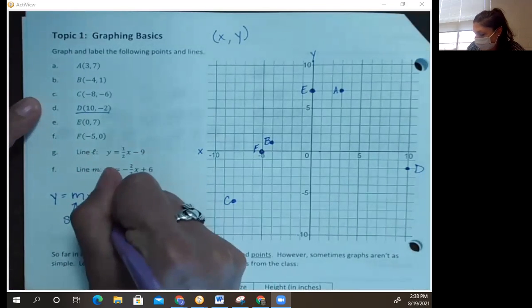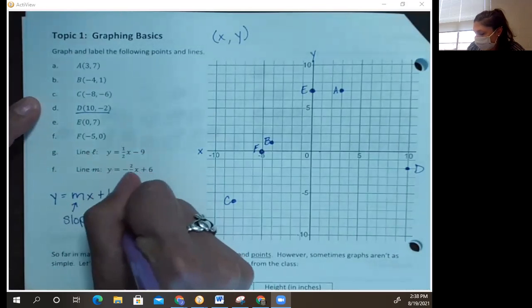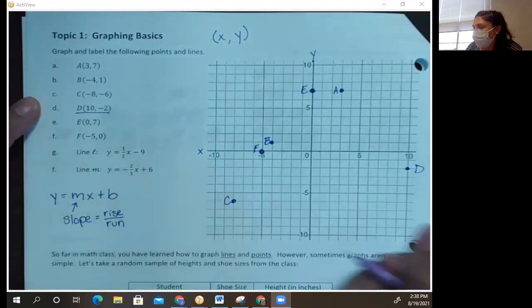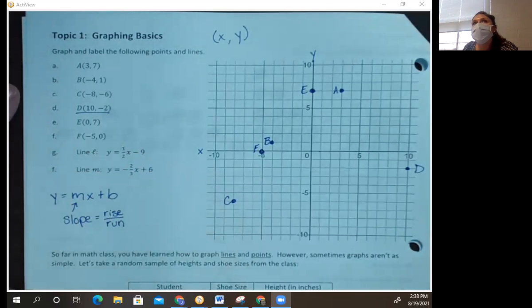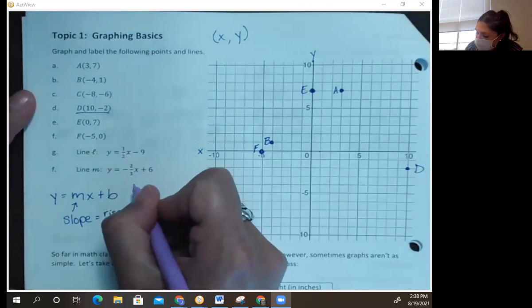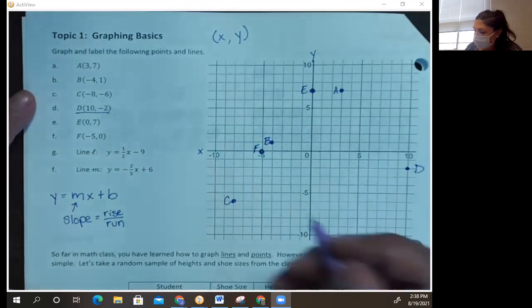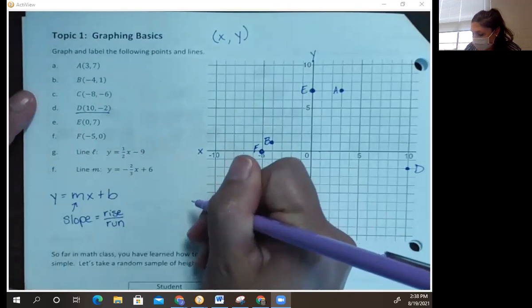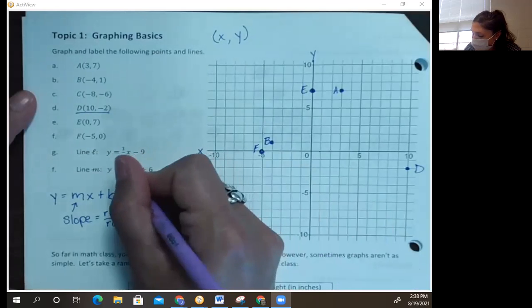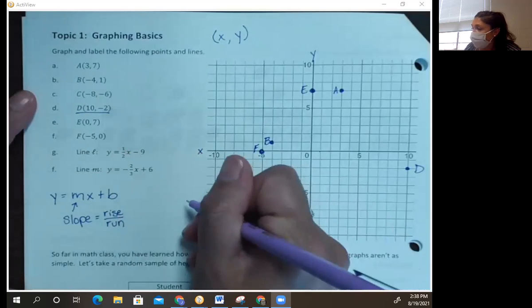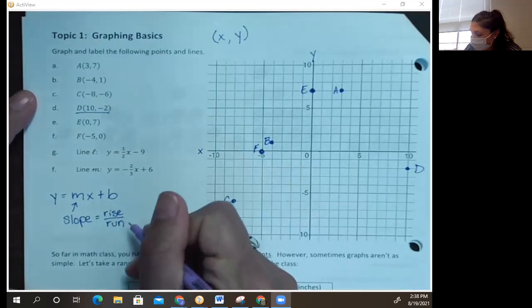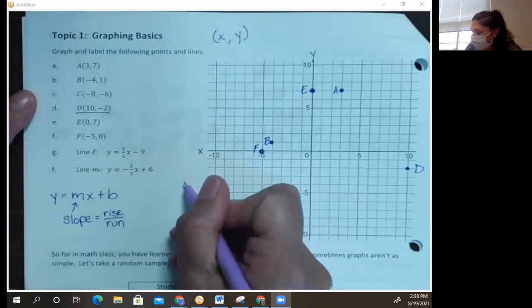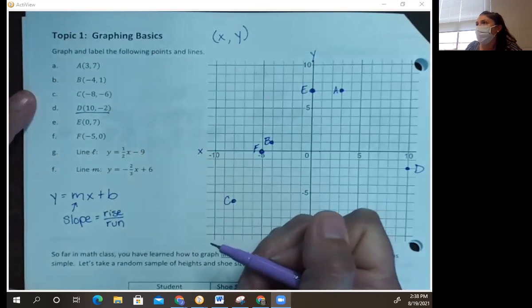Slope is always described as rise over run. So as I look at the slopes in my lines, they're fractions here. That top number tells me how far up to move, or where my slope is negative, how many spaces down to move. And then the bottom number is the run. That tells me how many points to move forward.